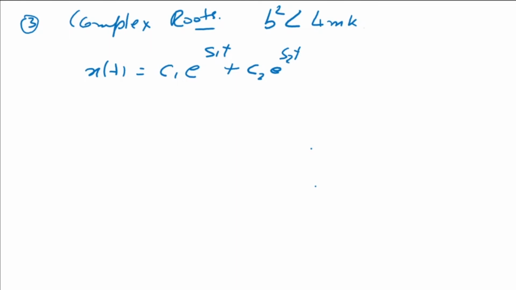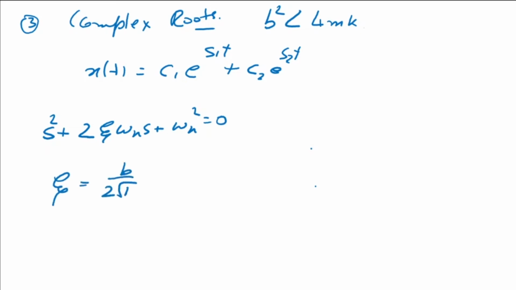We can also represent such a system by our standard way of writing s squared + 2 zeta omega_n s + omega_n squared = 0, where zeta is called the damping ratio, equal to b by 2 root km, and omega_n is equal to root k by m.